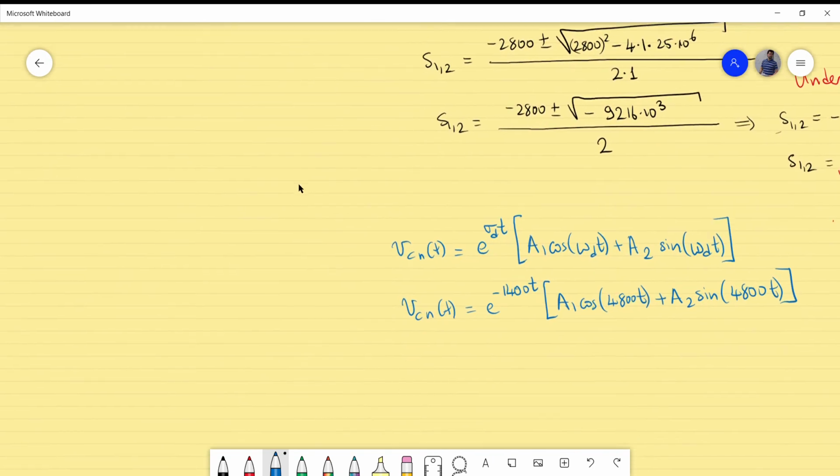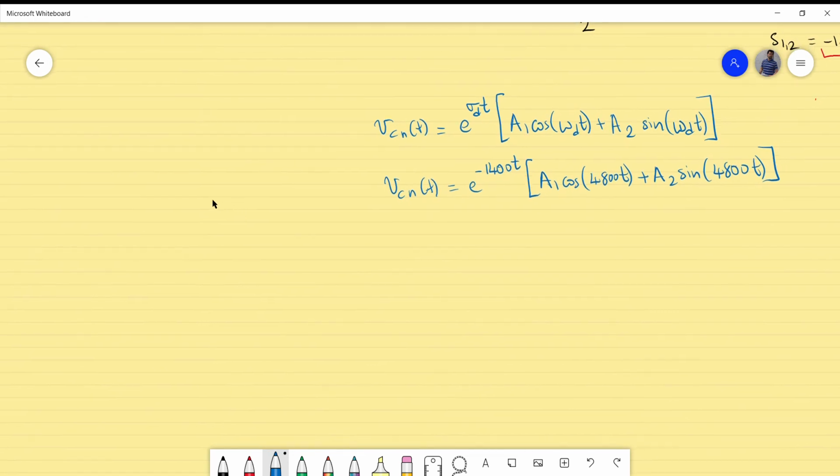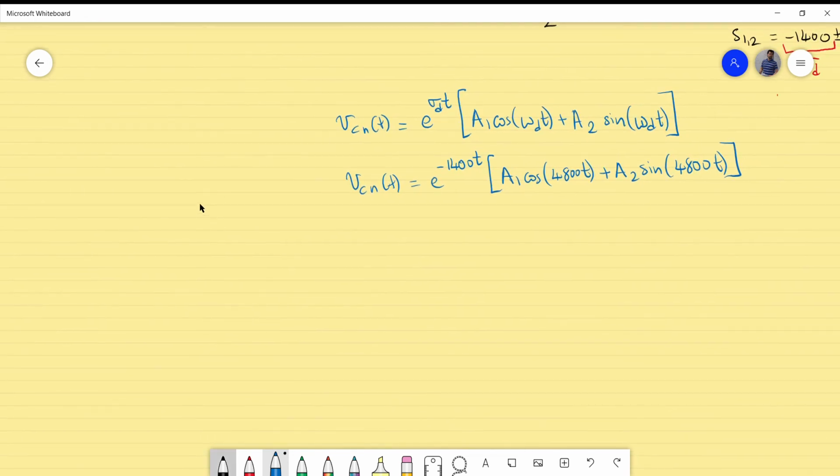So let's move on to the total response. So, total solution or total response. What is the total response? Vc, the required value here, is Vc forced plus Vc natural response.